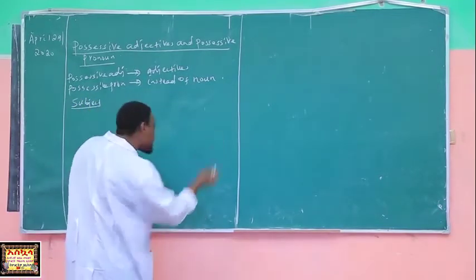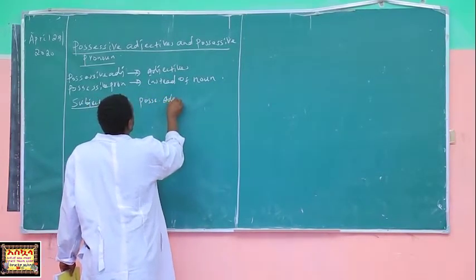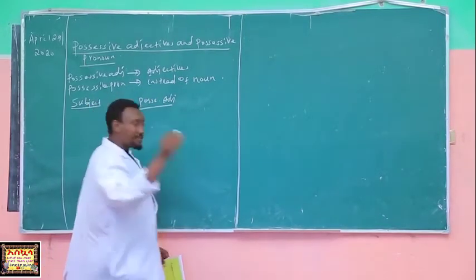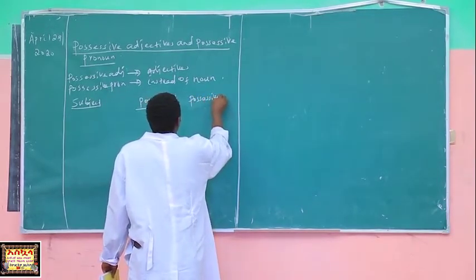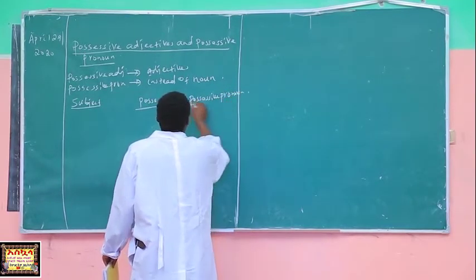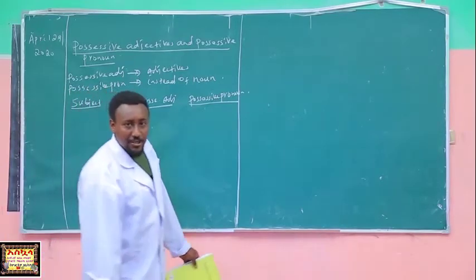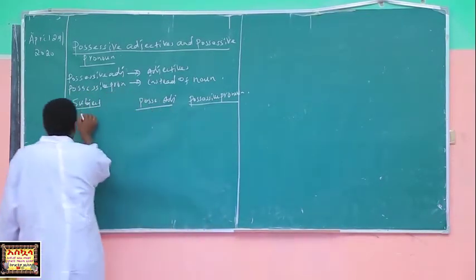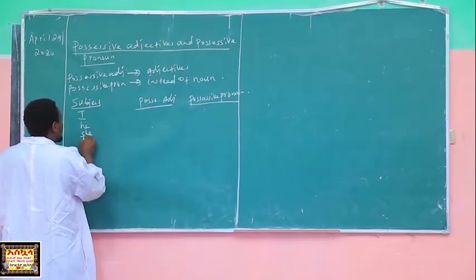Now let's classify into subject. Subject, it is possessive adjective. In short form, it's possessive adjective and possessive pronoun. Yes. For example, subject, as we know, we have I, he, she, and you.